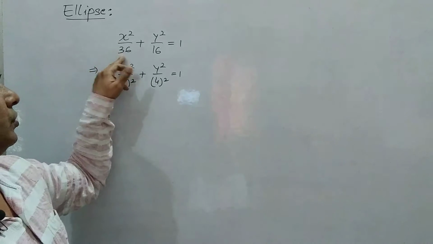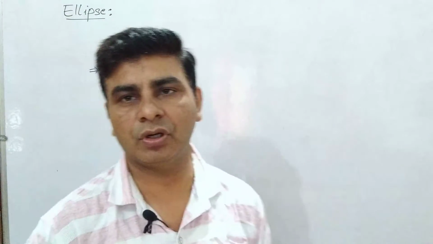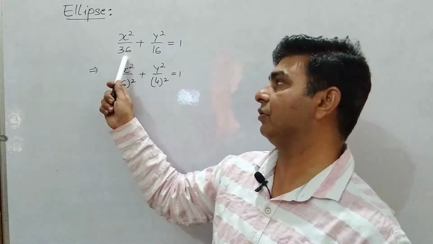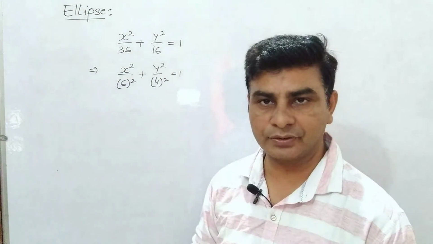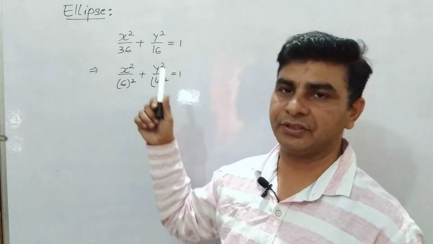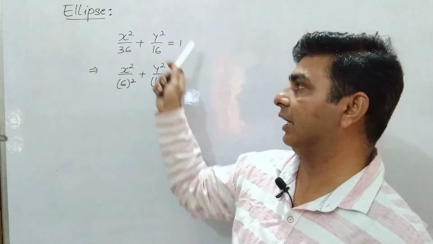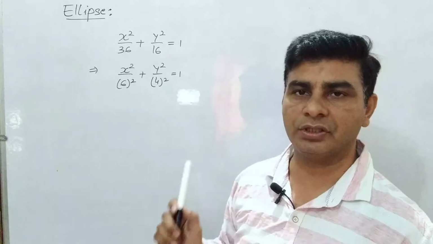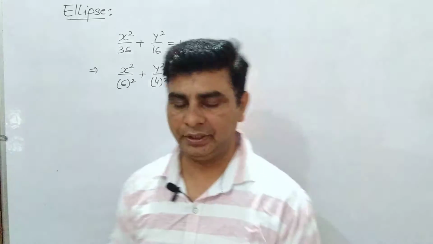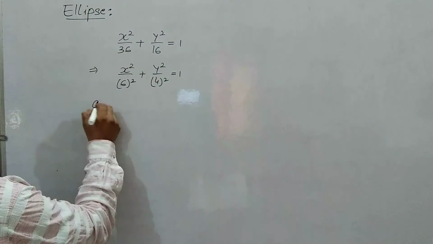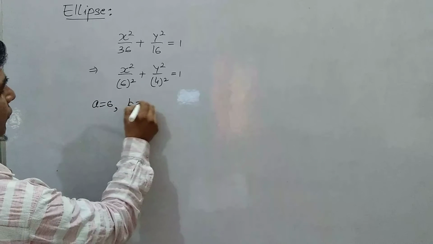If the bigger value is below x, it is along x; if the bigger value is below y, it is along y, children. So the value of a I got is 6, and the value of b is 4.